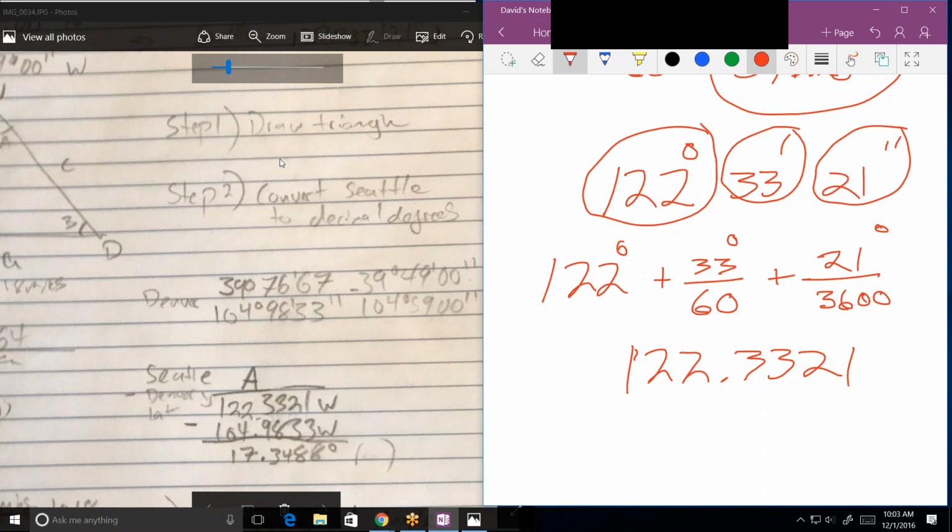You see that? Yeah. This number right here reads exactly the same as the latitude number, 122 degrees, 33 minutes, 21 seconds. Well, that's not what you get when you do this math. Let me tell you what you get. When we're converting, 33 divided by 60 is 0.55. So this number is 0.55.